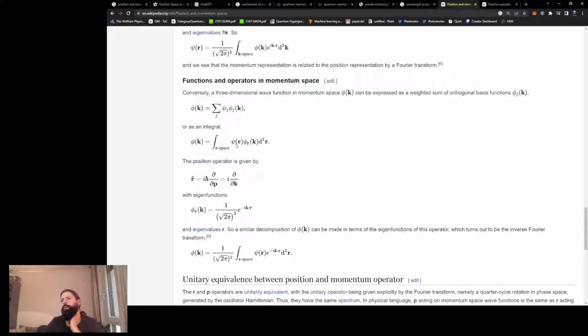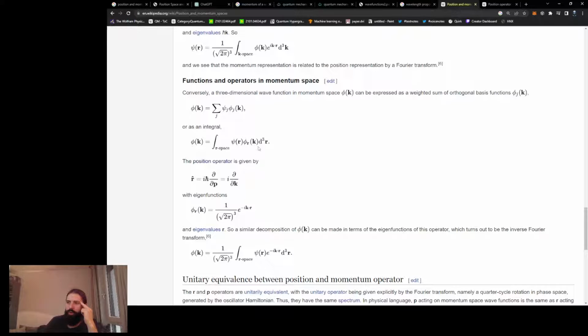You're multiplying the wave function of position by one possible position, and then doing this through all the possible positions that it has, and then you're integrating.